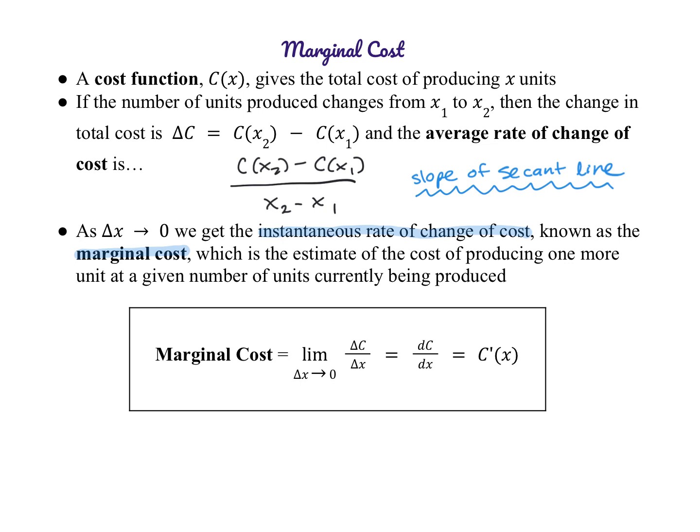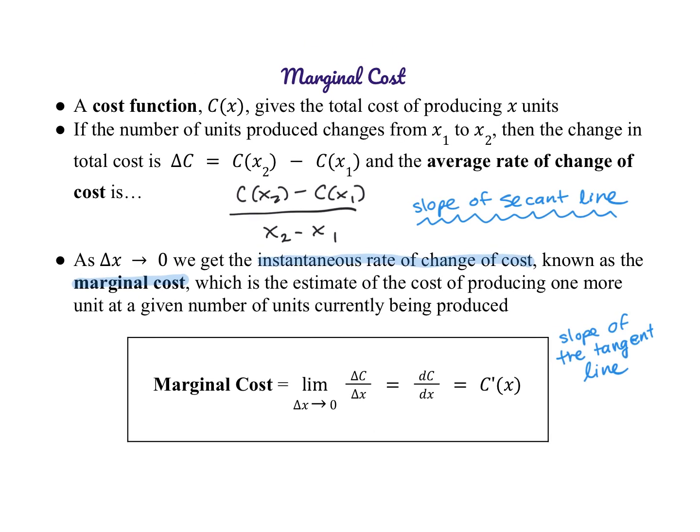So here, really, we're just finding the slope of the tangent line. Same kind of concepts as when we're working with velocity, except now instead of instantaneous rate of change of velocity, it's the instantaneous rate of change of cost.